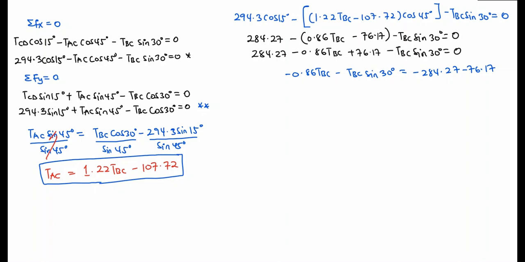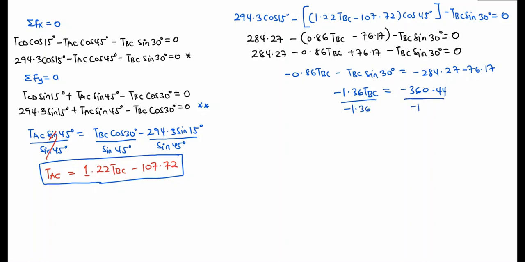We're going to have minus 0.86 TBC minus sine of 30 degrees TBC, right? So that gives us a value of minus 1.36 TBC, and then this should be equal to minus 284.27 minus 76.17. This will give us a value of minus 360.44. So let's divide both sides by minus 1.36.